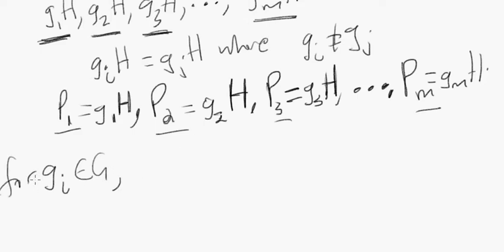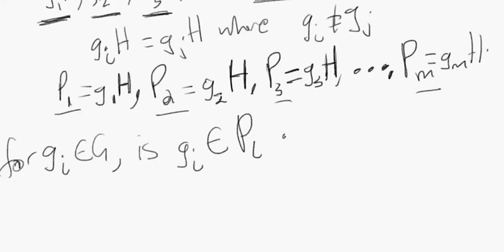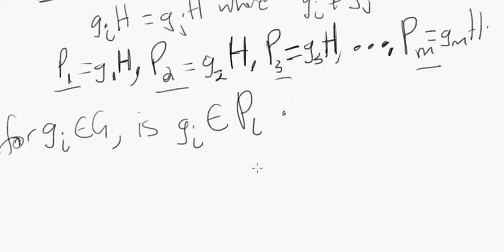For gi an element of G, is gi an element of some partition, say PL, partition L? Well, what do you think? Is this true? The way we've labeled these, if you think it's true that some gi lies in one of these partitions, could you think of a partition that gi actually lies in?